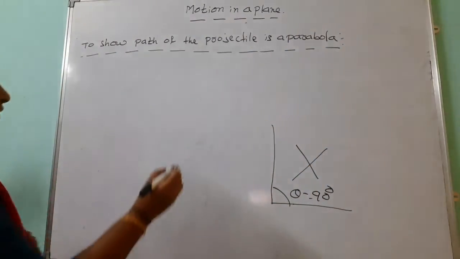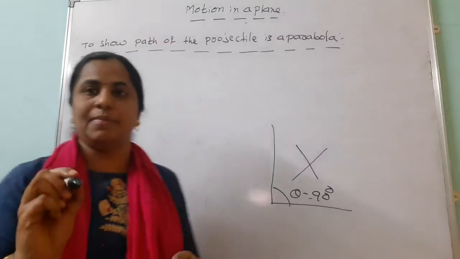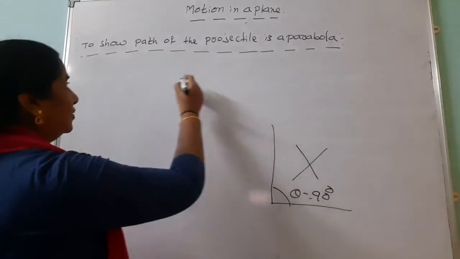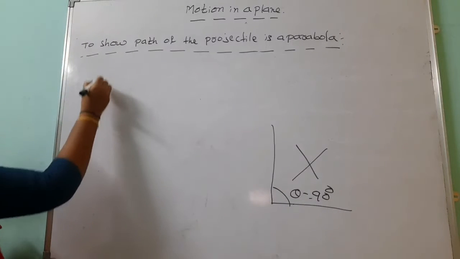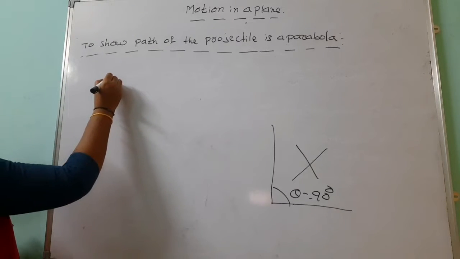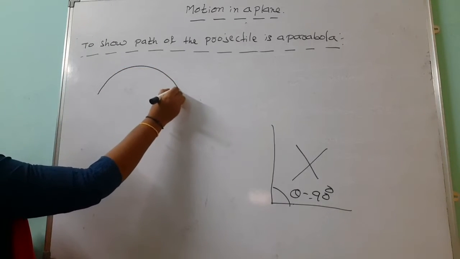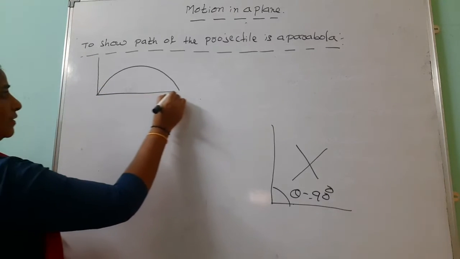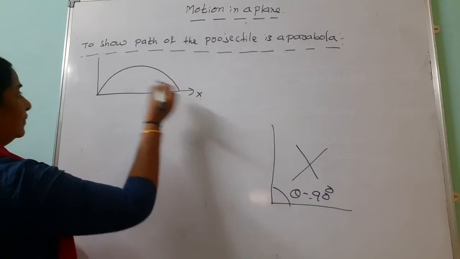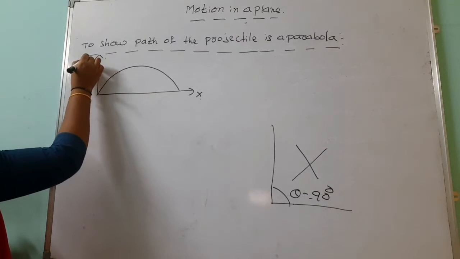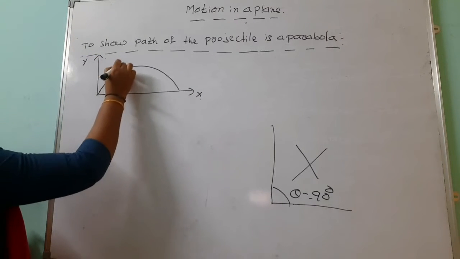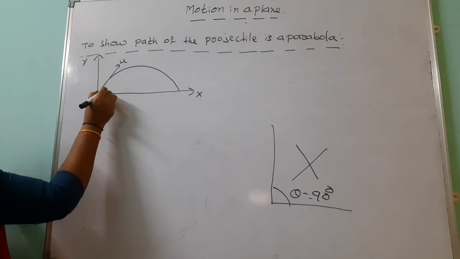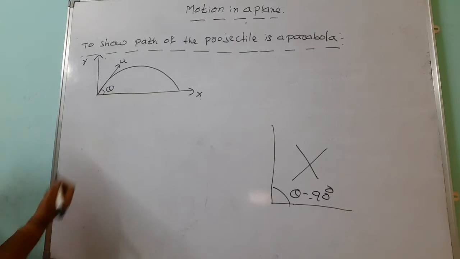But what is a projectile? The same marker or stone we throw at an angle other than 90 degrees. You can do this experiment also. Whenever a stone is thrown at an angle other than 90 degrees, it follows a path like this. This is a parabolic path. Here the tangent represents the velocity of the stone, and we consider that it makes an angle theta here.